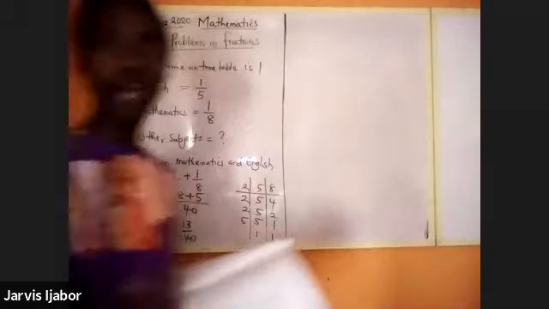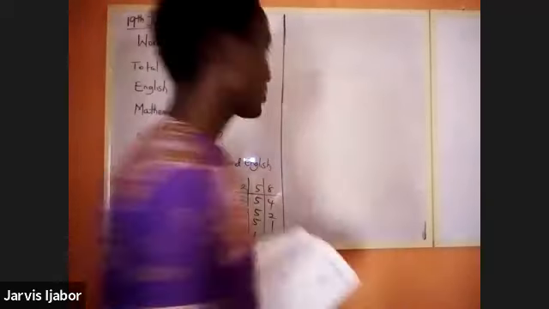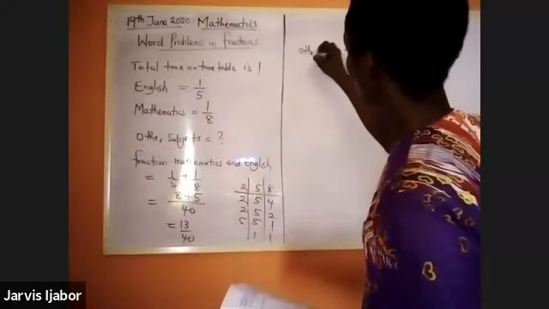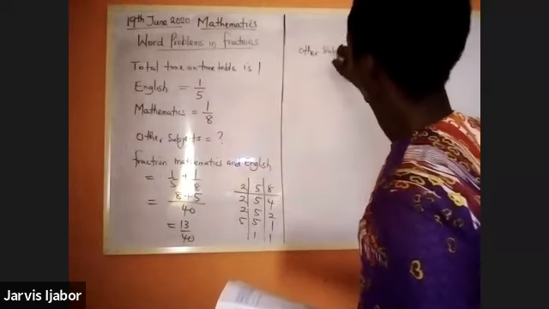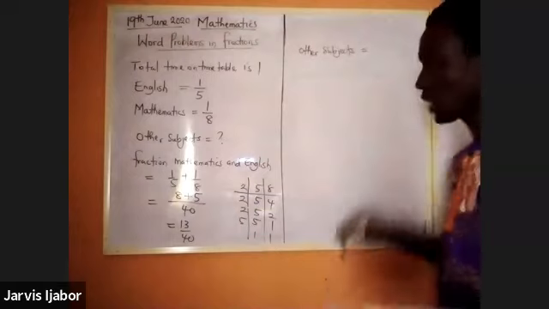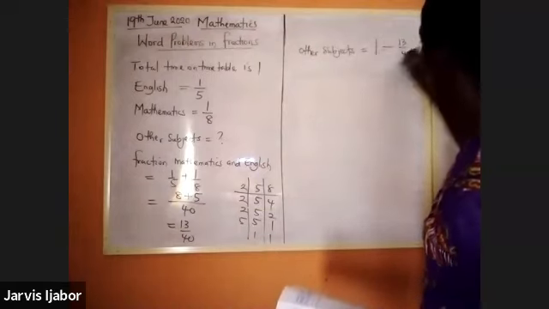So we will now try to get what is left for the other subject. So for the other subject will now be what? 1 minus 13 over 40.